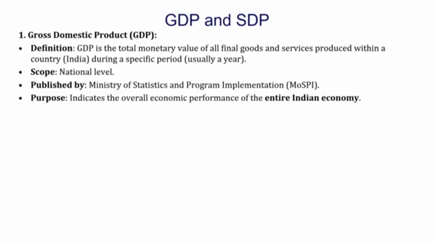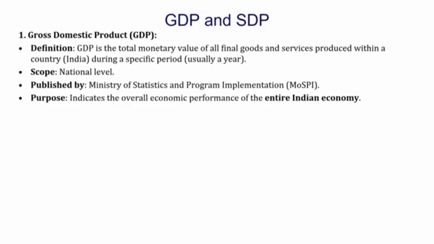Now let's move to another concept, which you might have heard in a couple of instances. This is called GDP and SDP. The GDP, which we already defined, let me repeat. GDP is the total monetary value of all final goods and services produced within a country during a specific period of time, usually a year.